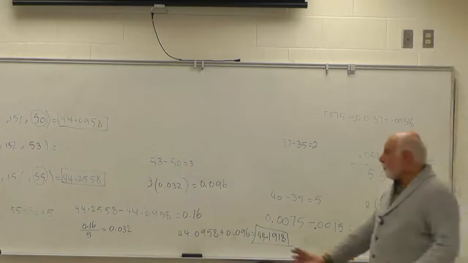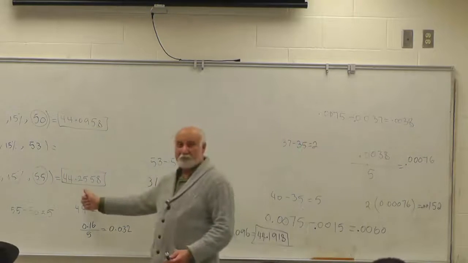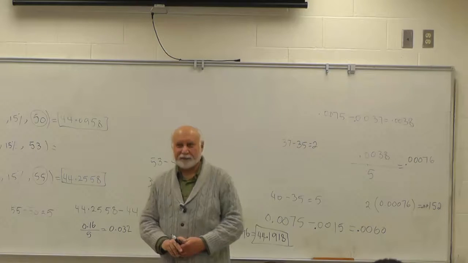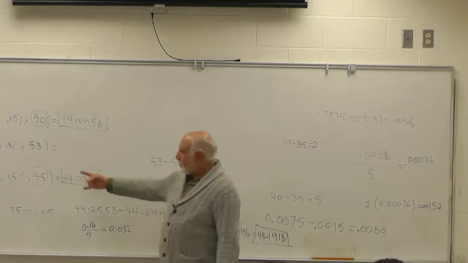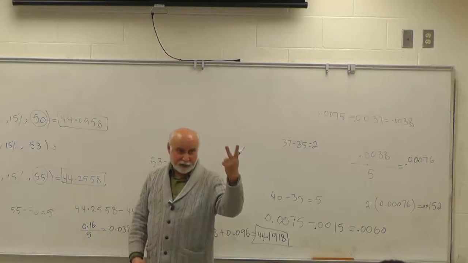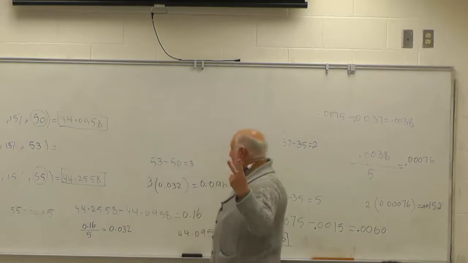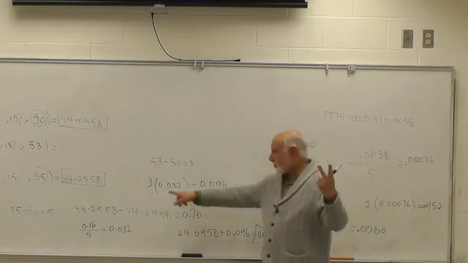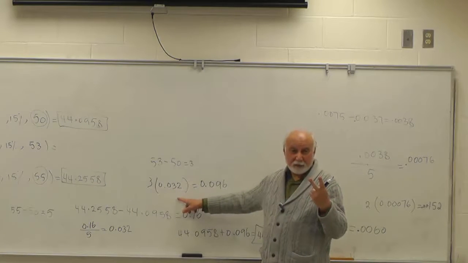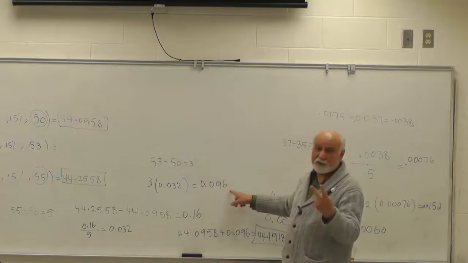Now, what if you wanted to go this way? What would you do? You first find the difference, which is 2 years. Multiply 2 by, instead of 3, multiply 2 by this number, which you get is 0.0064.